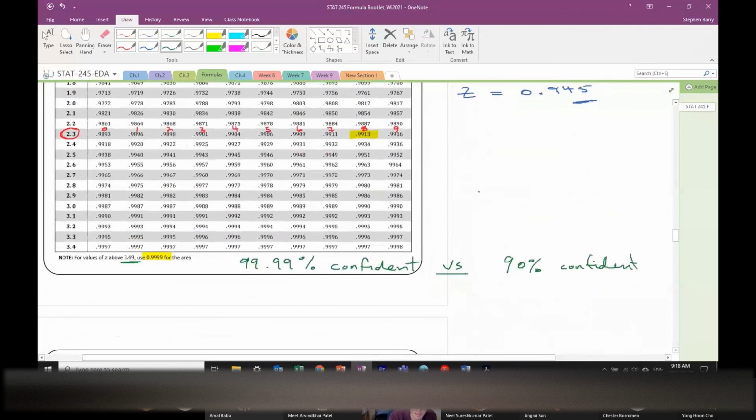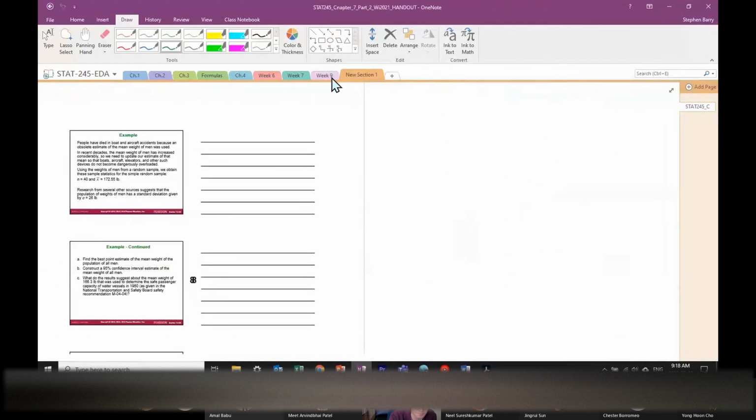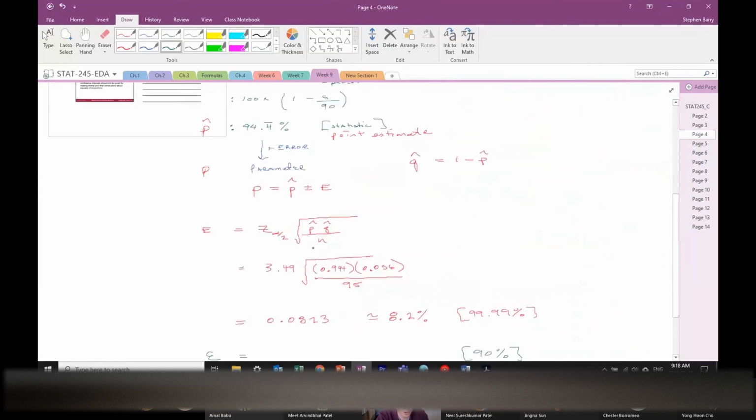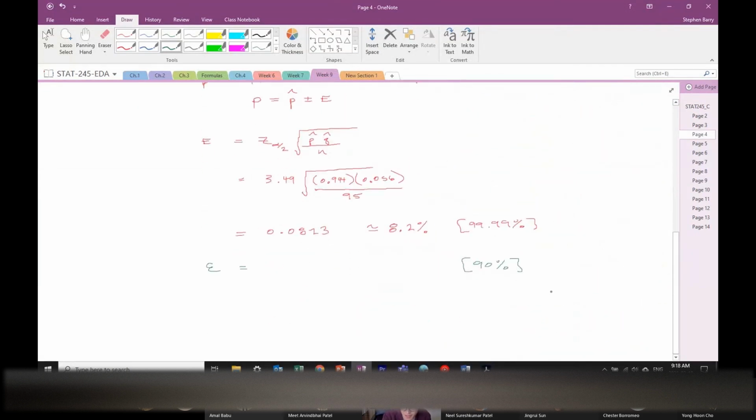So a 90%, it's always good, always draw the curve to make sure you're getting the right Z-score. Okay, so again, a 90% confidence means that there's 5% here, 5% here.